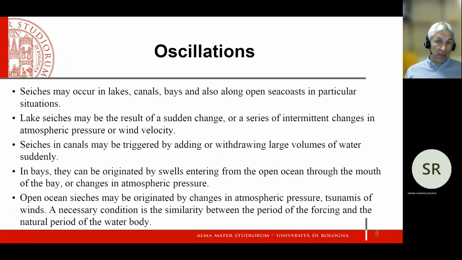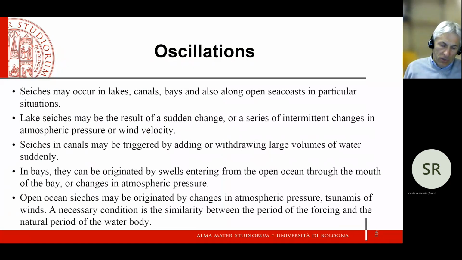Or in large bays, they can be originated also by changes in atmospheric pressure. This is not the case of harbors because harbors generally have a limited extension, and therefore it's very unlikely that in harbors the oscillations are generated by changes in atmospheric pressure. The dominant mechanism of generation for harbors is the entrance of swells from the open ocean.